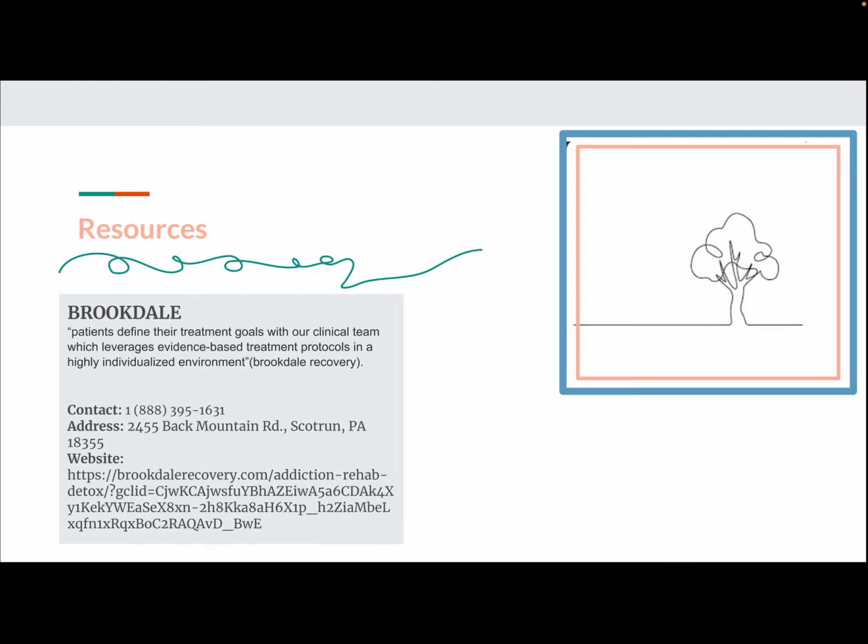The second resource that I found was Brookdale, which is another care center that helps people recover from substance abuse disorders, and the patients will work with a clinical team to set goals.